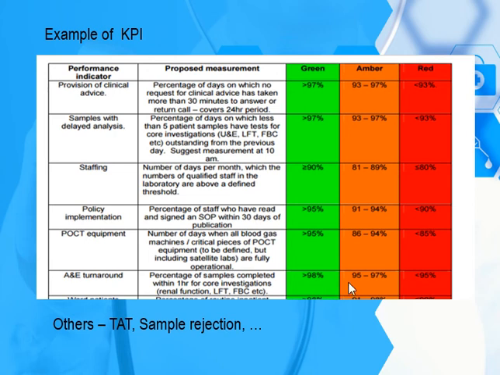If 96 to 97 is warning, and less than 96 is need improvement, need to do the investigation and do the corrective action. So this is the example of the KPI that needs to be developed by the lab diagnostic and be monitored from time to time.